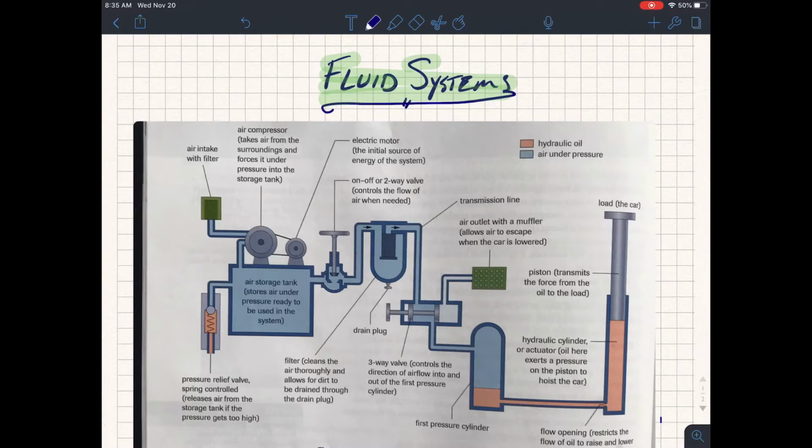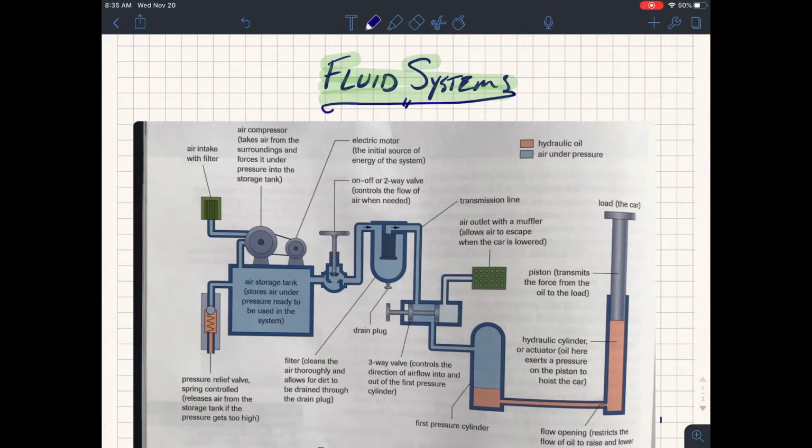So we're using the fluid within a contained system to do some work. Today we're going to look at a complex system, in particular a hoist system, to find out how all of the topics that we've discussed can work together to perform a task.